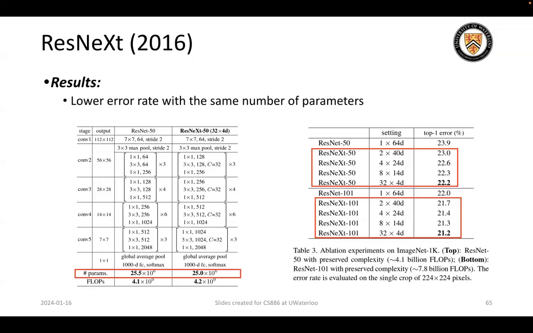The top is ResNet 50 with preserved complexity of roughly 4.1 billion FLOPs, and the bottom is ResNet 101 with preserved complexity of about 7.8 billion FLOPs, and error rate is evaluated on a single crop of 224 by 224 pixels. You can see that ResNeXt 101 and ResNeXt 50 have the lowest top 1 error for the setting of 32 by 4d.